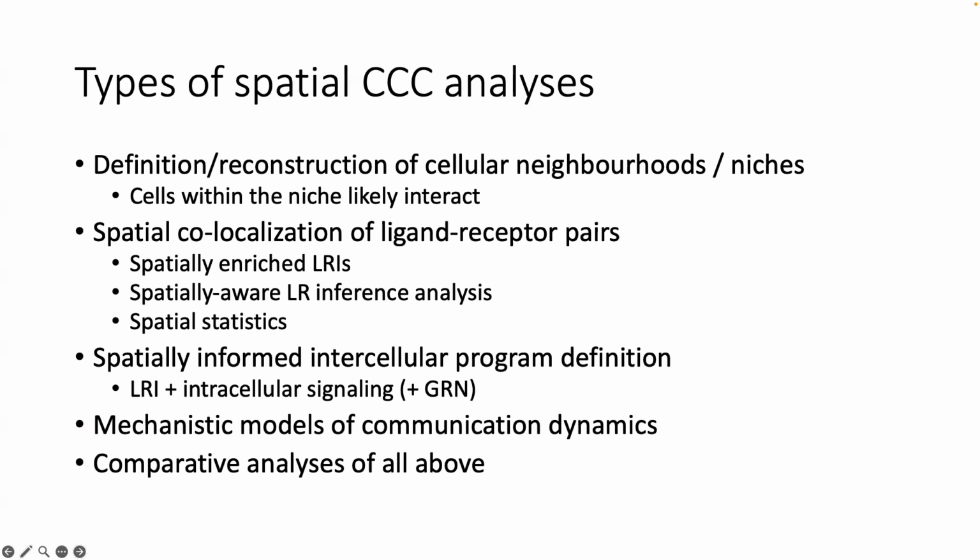You can also look at more mechanistic models of communication dynamics. These are typically tools that are not very mainstream, but that are more based on differential equation modeling. And you can do comparative analysis of all the above tools, right? You can take a normal tissue and a tissue of a disease, and see how all these things are differing between your conditions of interest.